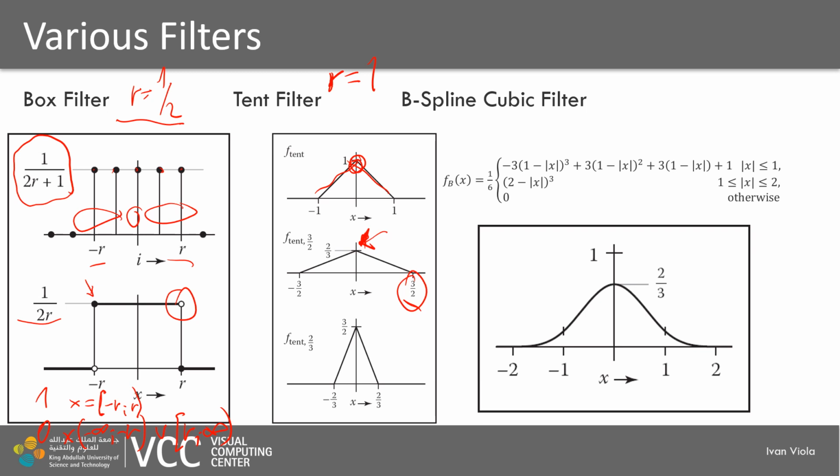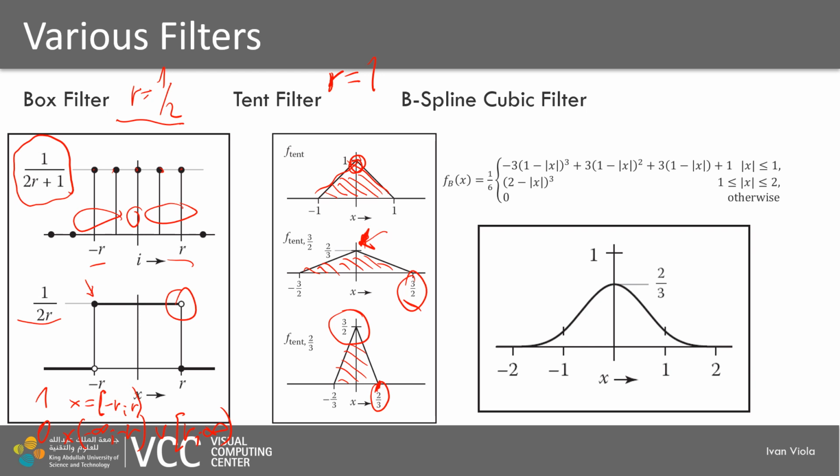Reciprocally, if our tent filter radius is 2/3, the central value will actually be higher than 1. And why is this the case? Because the overall area, the integral of this function, needs to always be 1.